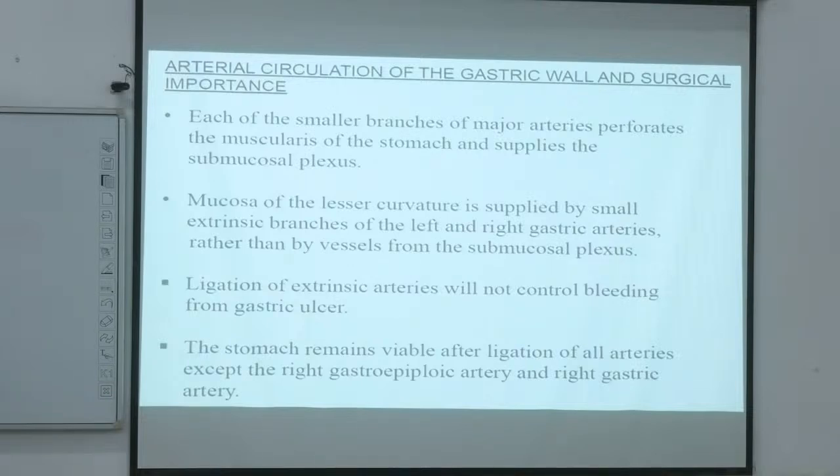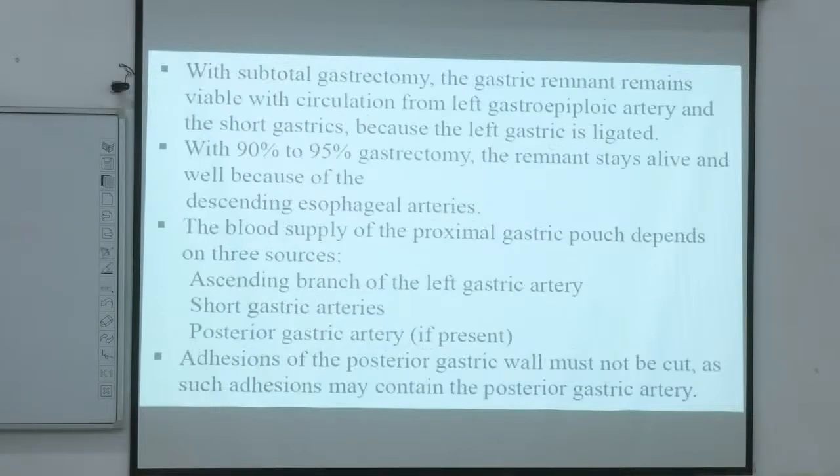Ligation of extrinsic arteries will not control bleeding from a gastric ulcer because there is plexus formation in the submucosal region, and the stomach remains viable after ligation of all the arteries except the right gastroepiploic artery and right gastric artery. Okay. Next.